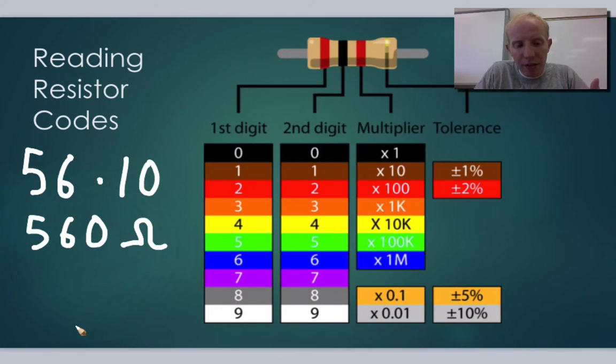This ability to read the code of the resistor and determine how much value you have is pretty smart, because some of you may be wondering, why don't they just print the number on the resistor? Wouldn't it be easier to say this is a 560 ohm resistor? And you may say that makes sense when the resistor is this big.